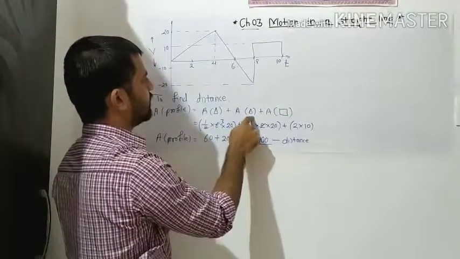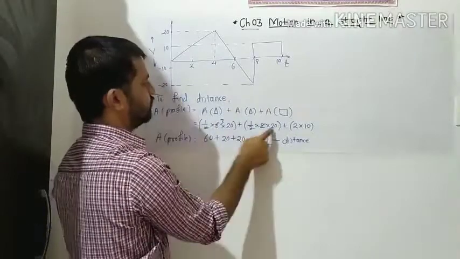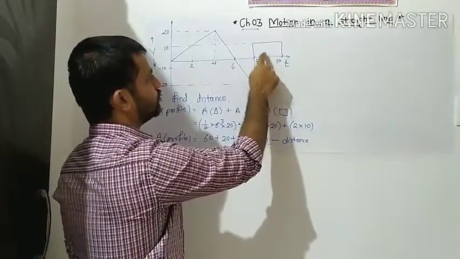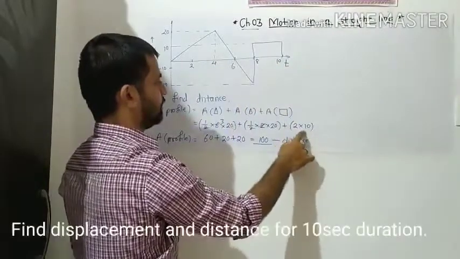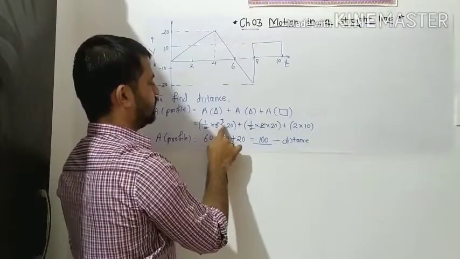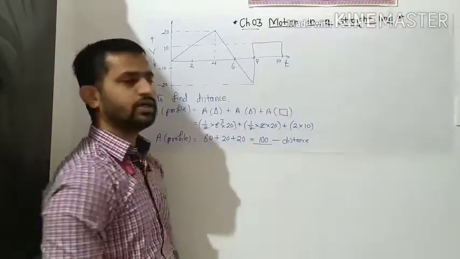The area of second triangle, base is 2 and height is minus 20, so we write here 20. Then the area of this rectangle, base is 2 and height is 10. So 60 plus 20 plus 20, so 100 will be the distance.